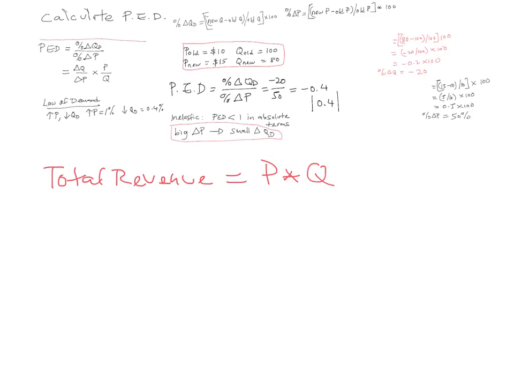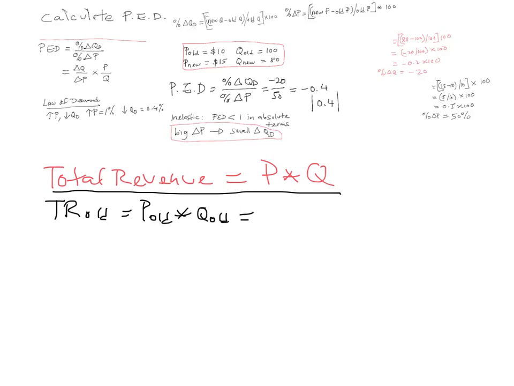So we simply calculate total revenue in the old situation and in the new situation. Your old total revenue was your old price multiplied by your old quantity. So that was $10 and 100 customers, and your total revenue used to be $1,000.